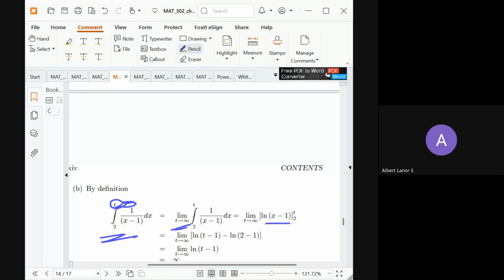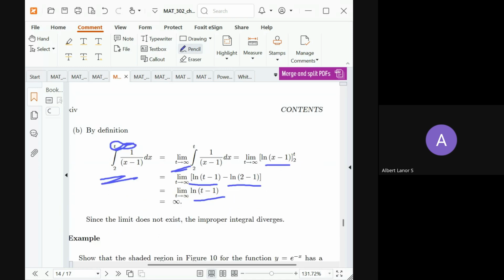Substitute the values in there. You have ln of t minus 1 minus ln 1. Ln 1 is 0, so you have ln of t minus 1. Now, ln infinity is infinity, which means that the integral is equal to infinity, and that one is going to be the integral diverges.